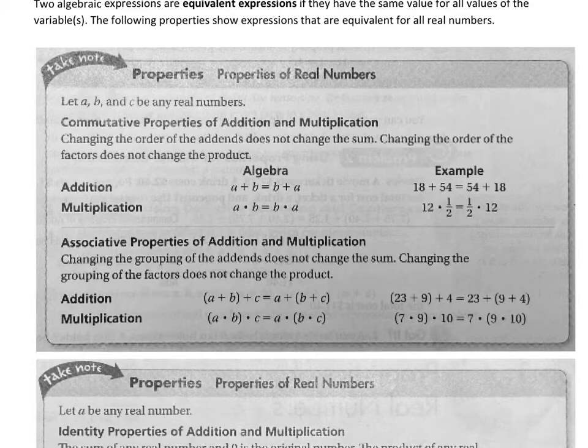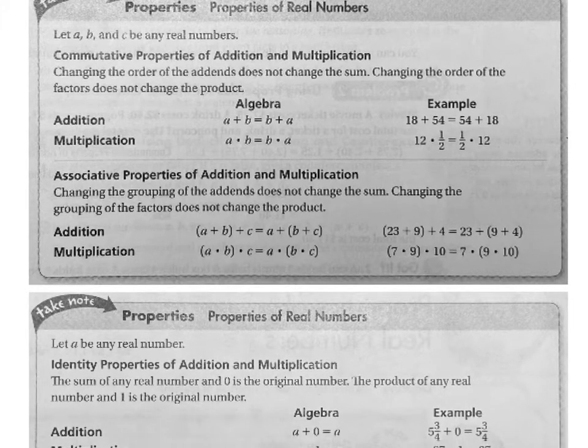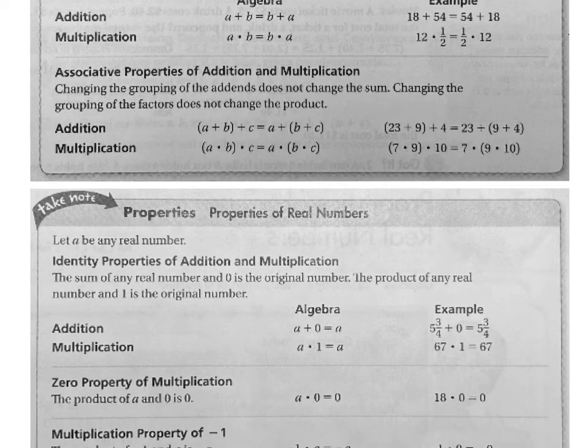Addition and multiplication. Another property, the associative property, says changing the grouping of the numbers in addition doesn't change the sum. Changing the grouping of the factors in multiplication doesn't change the product. If I have two numbers being added and those are grouped and added to another number, and I change which numbers are being grouped, that doesn't change the sum, okay?